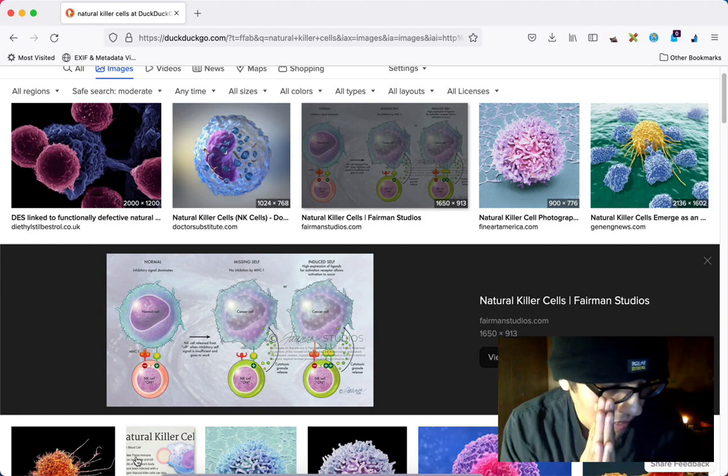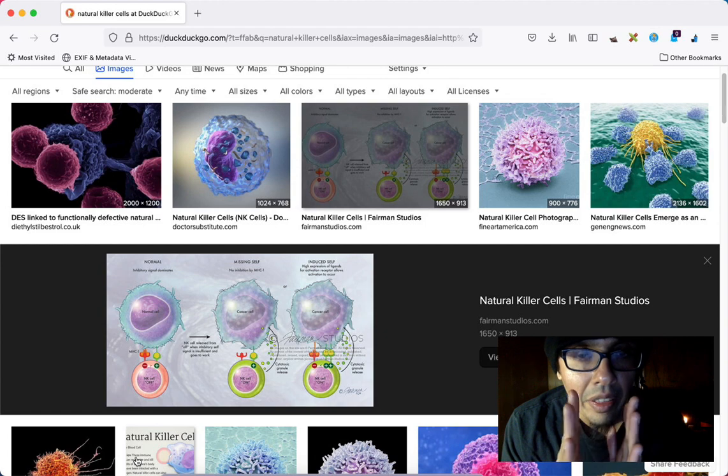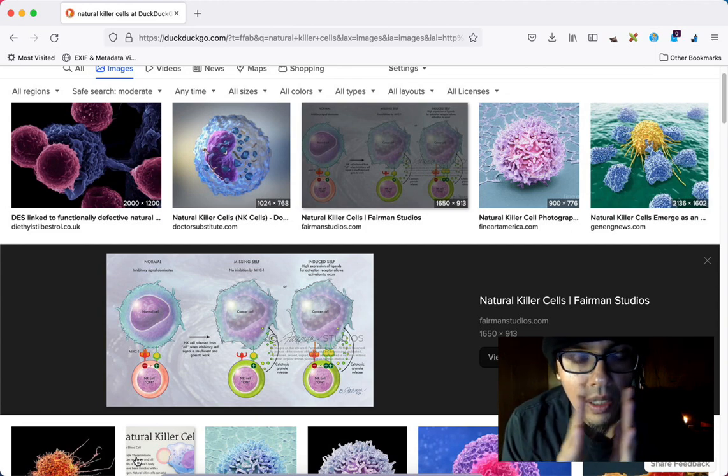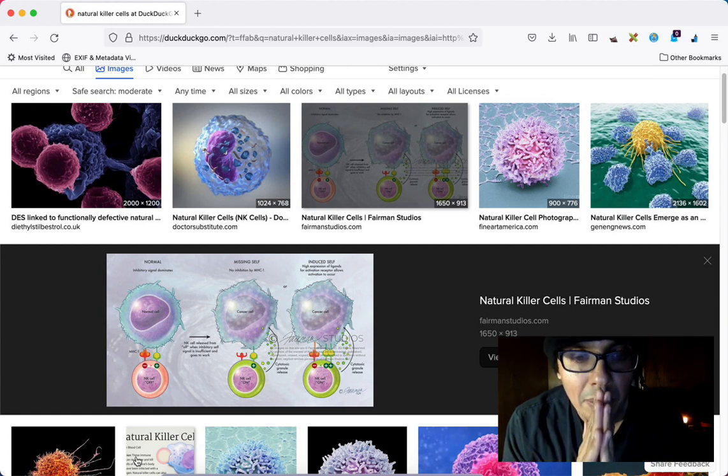So natural killer cells have a different way of detecting pathogens or abnormalities without looking for antigens expressed on the surface through the major histocompatibility complex. This is important because once a cell is infected, like with a virus, not everything in your system has an MHC.